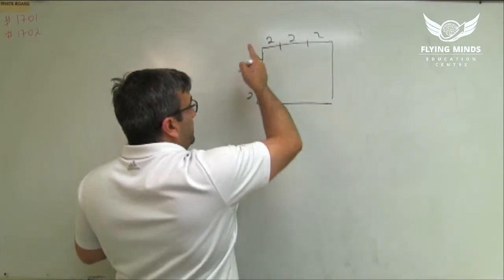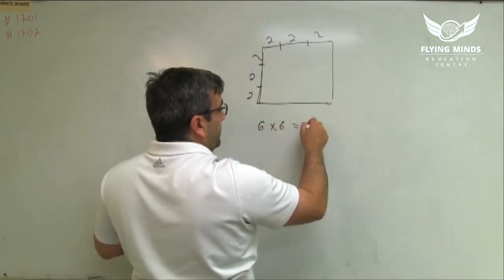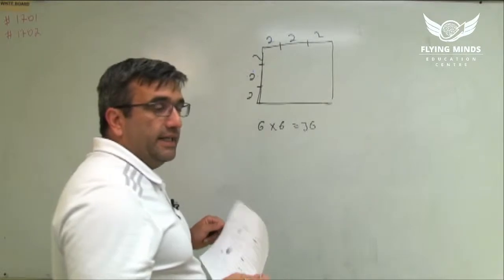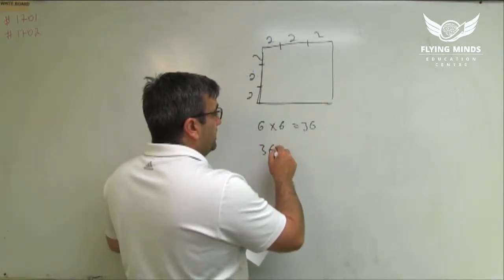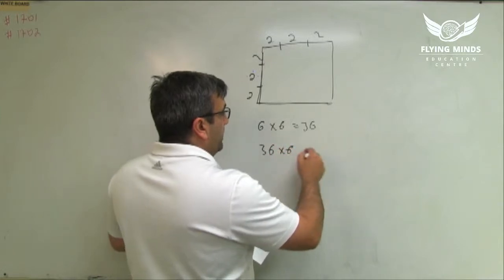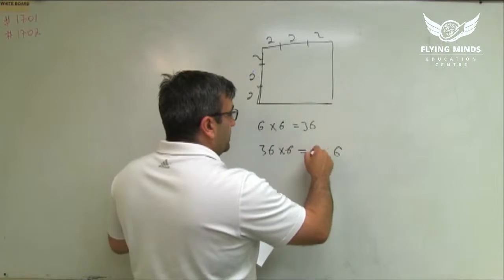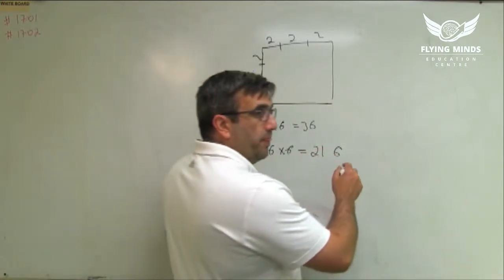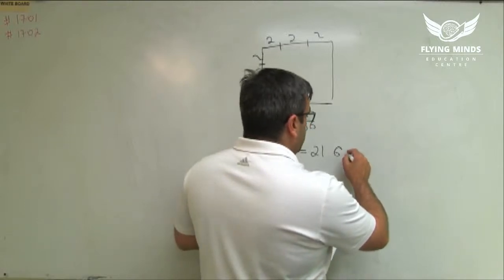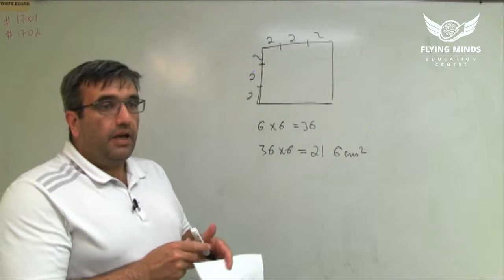The area of one face is 6 by 6, which is 36, and we have 6 faces, so 36 times 6 is 216 centimeters squared, the surface area of this cube.